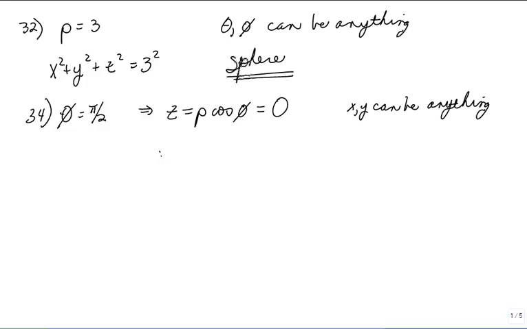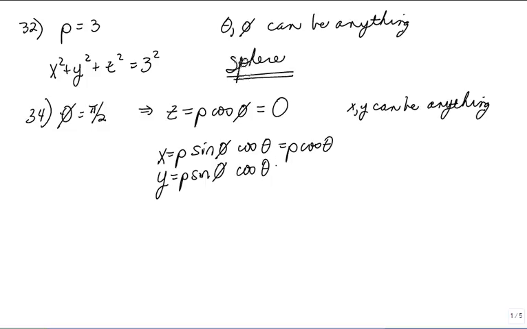Because x is rho sine phi cosine theta. Sine of pi over 2 is 1. That's rho cosine theta. And y is rho sine phi sine theta. Well, that's just 1 again, so that's rho sine theta. So theta and rho can be anything, because the only thing that's decided is phi.